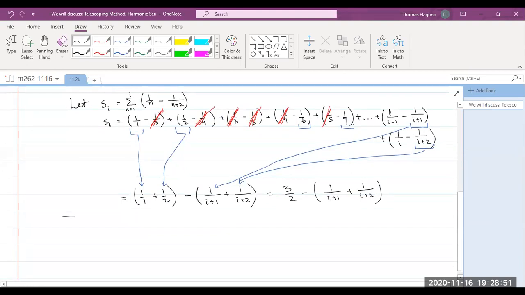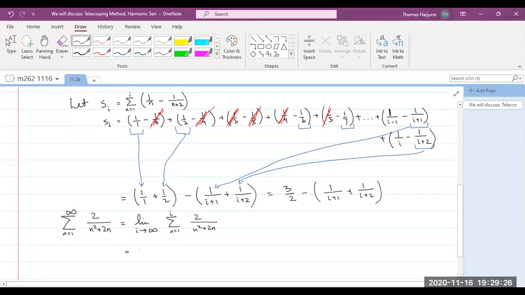Okay, now the summation to infinity of 2 over n squared plus 2n is equal to the limit, I'm sorry, as I goes to infinity of the summation from 1 to I of 2 over n squared plus 2n.